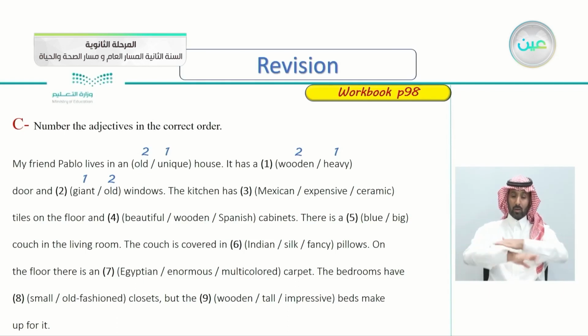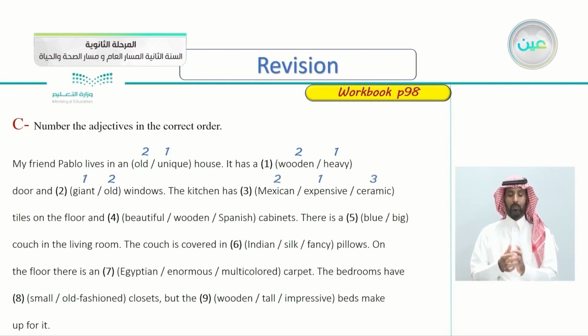Can you put them in the correct order here? Let's see the answer here. So the kitchen has expensive Mexican ceramic tiles. We begin with an opinion, Mexican, nationality, then ceramic, the material.